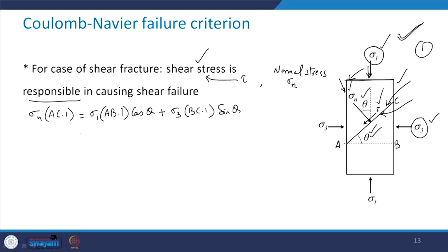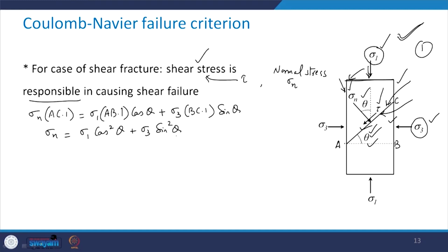So from here I will be able to get sigma n equal to sigma 1 cos square theta plus sigma 3 sine square theta, because AB and BC can be written in terms of AC.